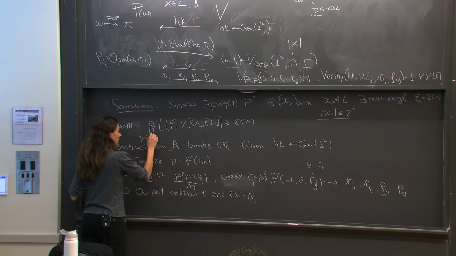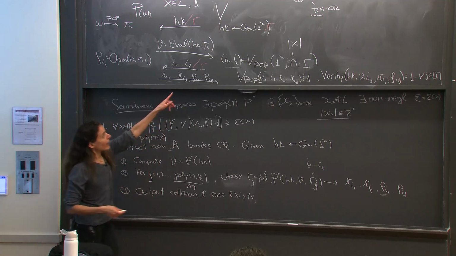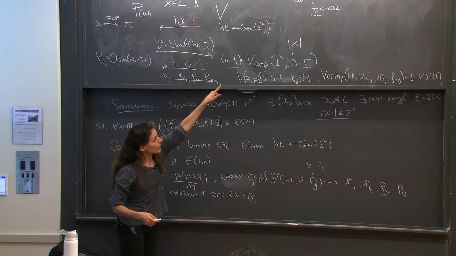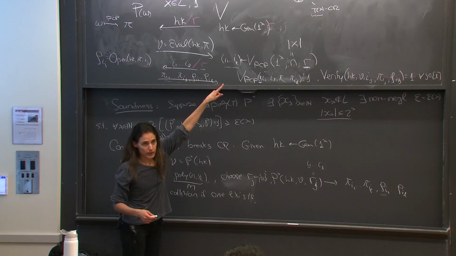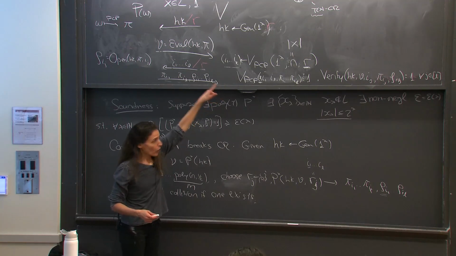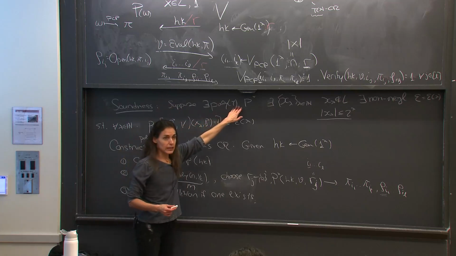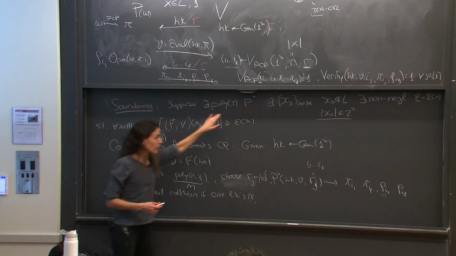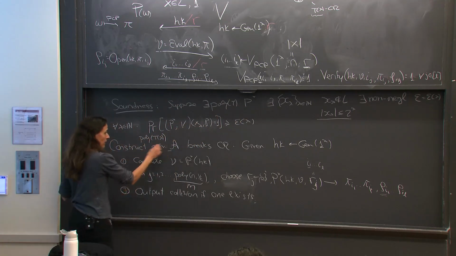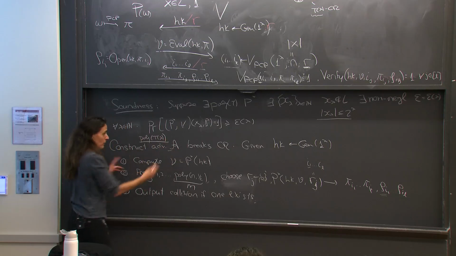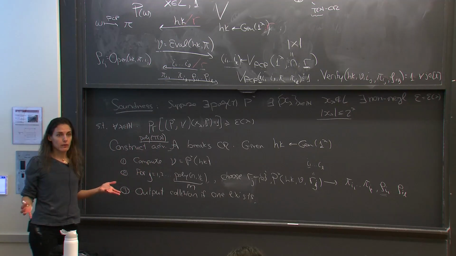a poly T(lambda) adversary that breaks it, right? I said I assume that you cannot break the collision resistance in time T(lambda). So I said, let's say there's a T(lambda)-time P star, and I'm going to find the collision in time poly T(lambda).